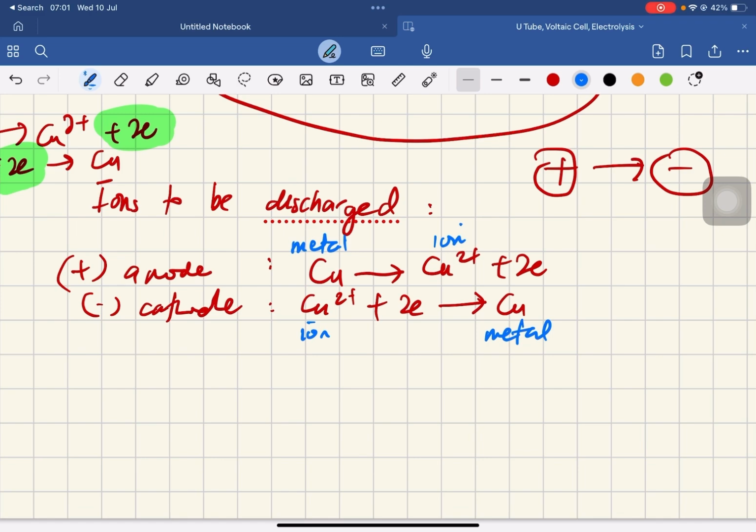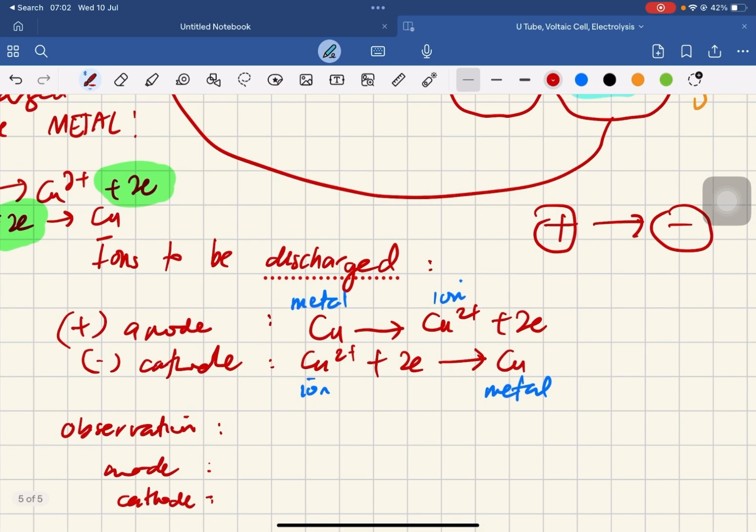Usually people got wrong for this one because it's a bit different, but sangat biasa saja for me. Senang saja, once you understand actually it's not that bad. Now observation at anode and cathode.